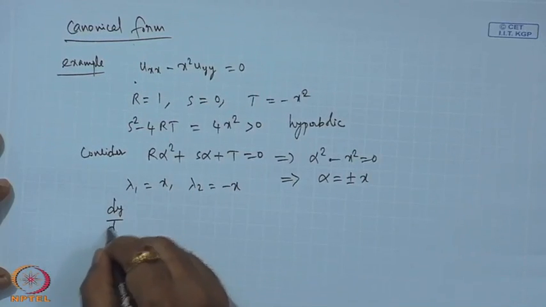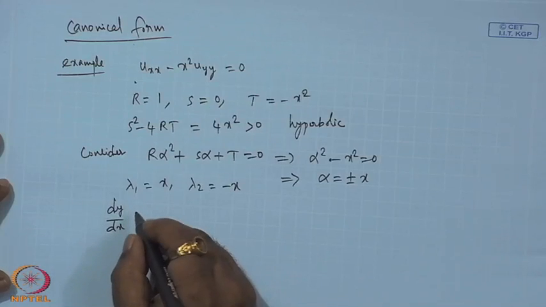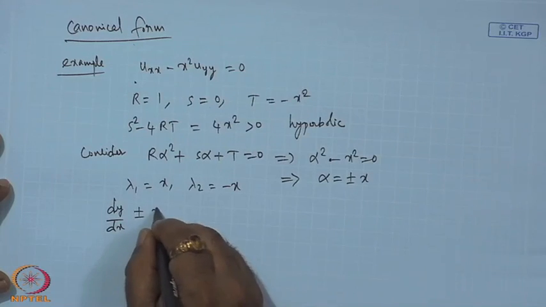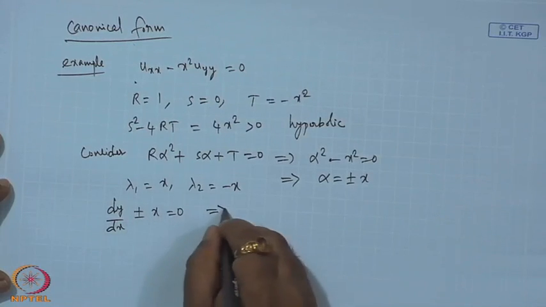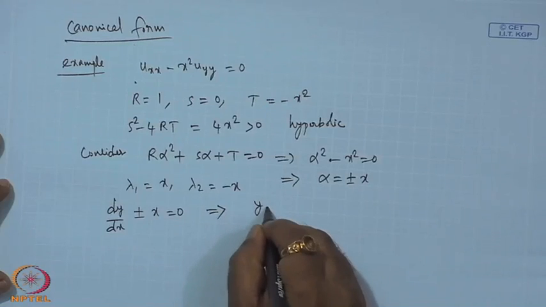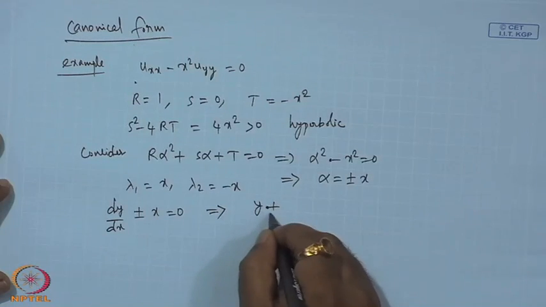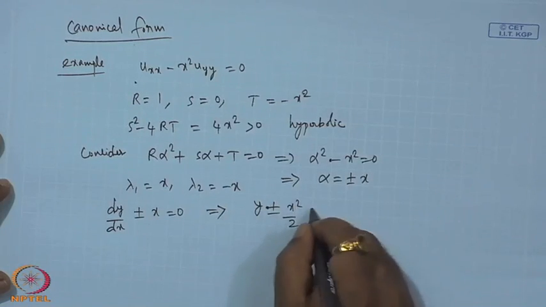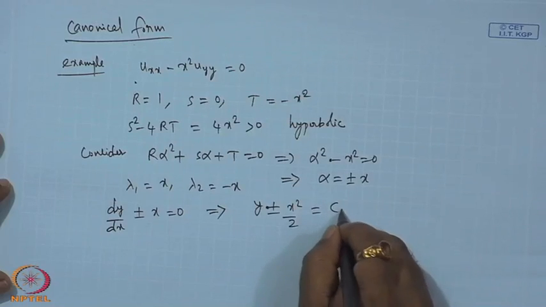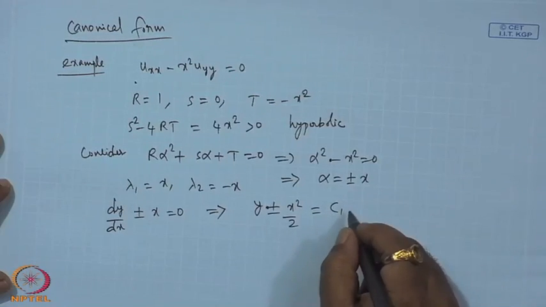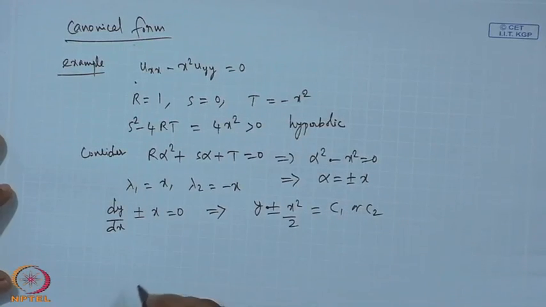So, dy by dx plus or minus x equals 0. So, this implies y plus or minus x square by 2 is C1 or C2.